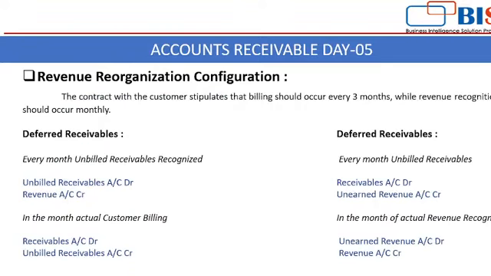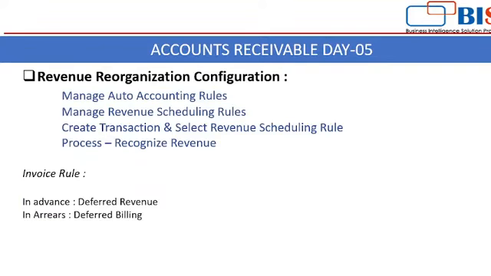For the revenue recognition configuration, these are the configurations that you have to do in the application. First, in the manage auto accounting rules, you have to provide the valid accounts. When you are creating the journal entry for the revenues or for deferring receivables, at that time the accounts will be picked from the auto accounting rules.